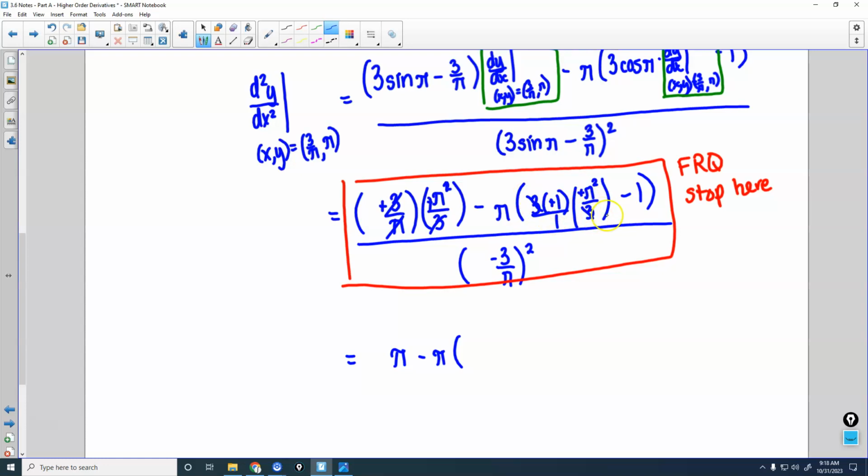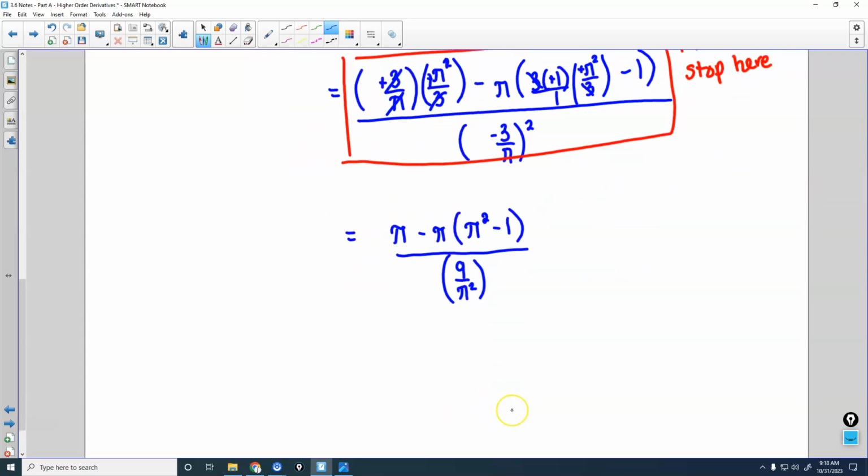You got a 3 and a 3, those can cancel, so this is going to be a pi squared minus 1 here. Oh, this is looking so much better. I'm going to go ahead and square the top, square the bottom here. That's going to be 9 over pi squared. So, it's starting to feel somewhat manageable.